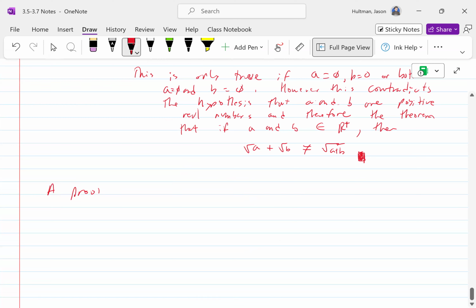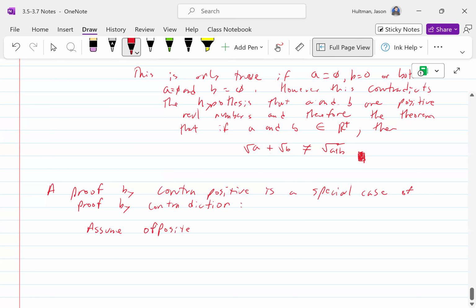A proof by contrapositive is a special case of proof by contradiction. We assume the opposite of P implies Q, or not (P implies Q).